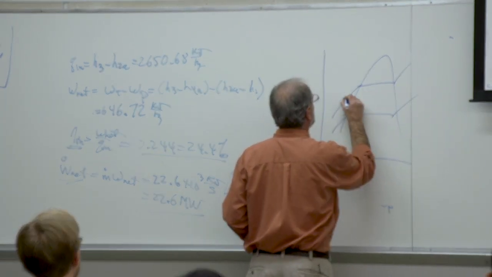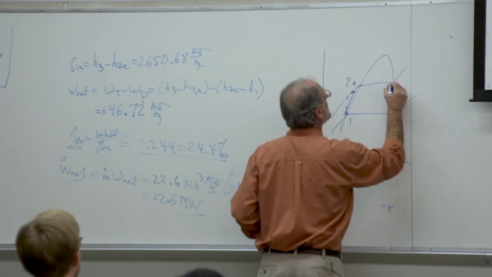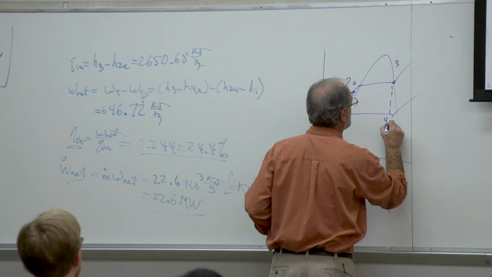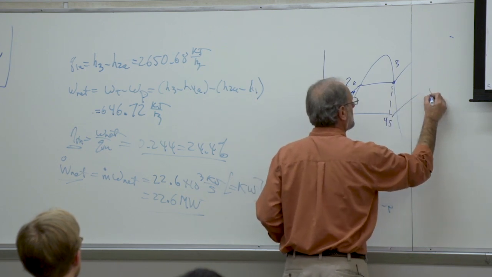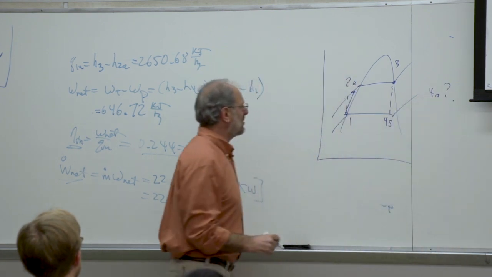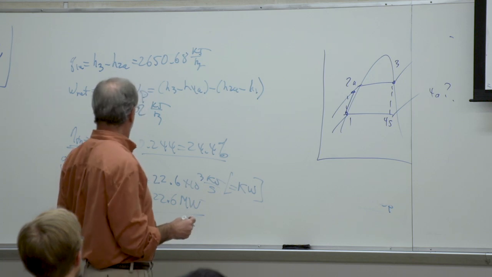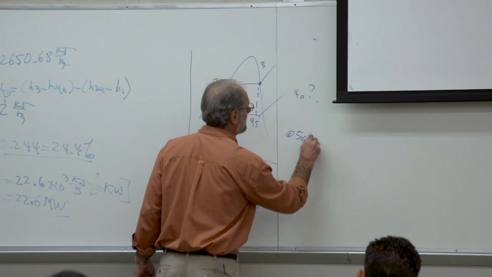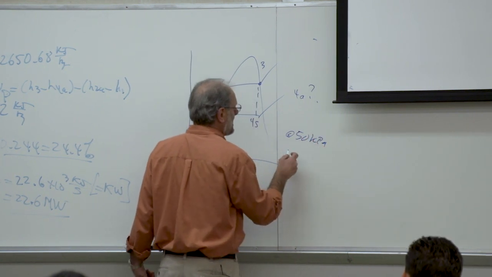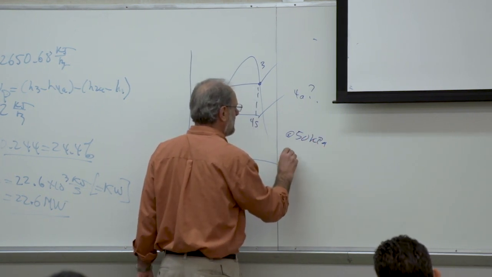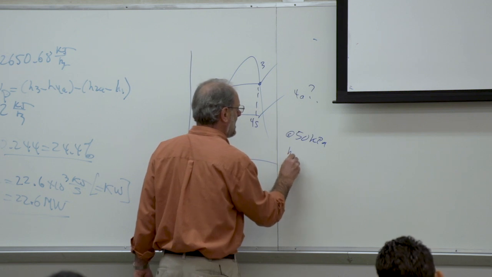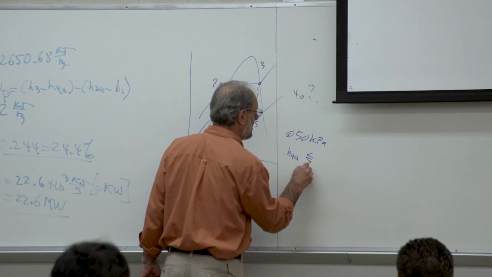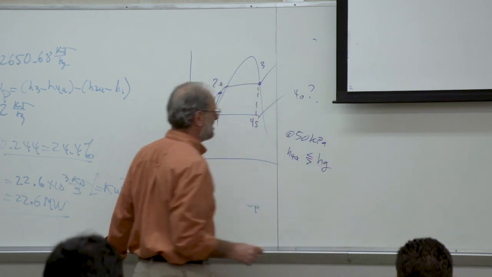Okay, so there's 1, here's 2A, here's 3, here's 4S, and 4A, we just don't quite know yet. So all we really have to do is go into our property tables at 50 kilopascals and compare our value of the enthalpy at 4A to the value of Hg.